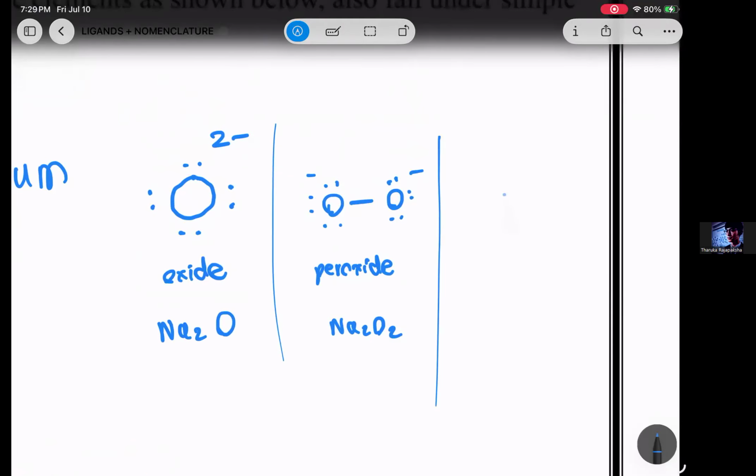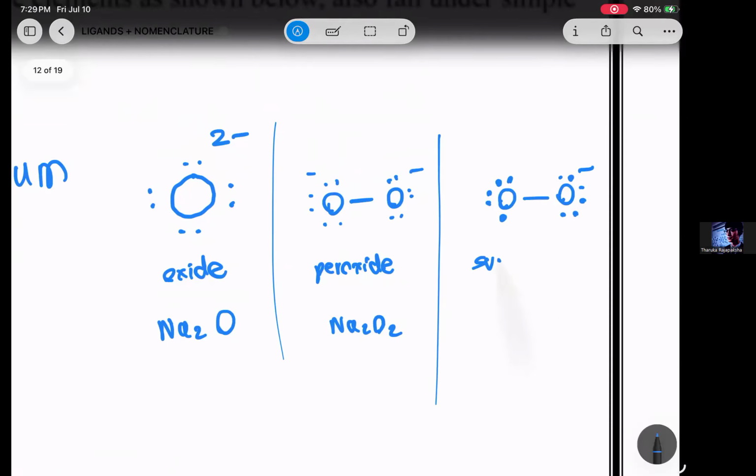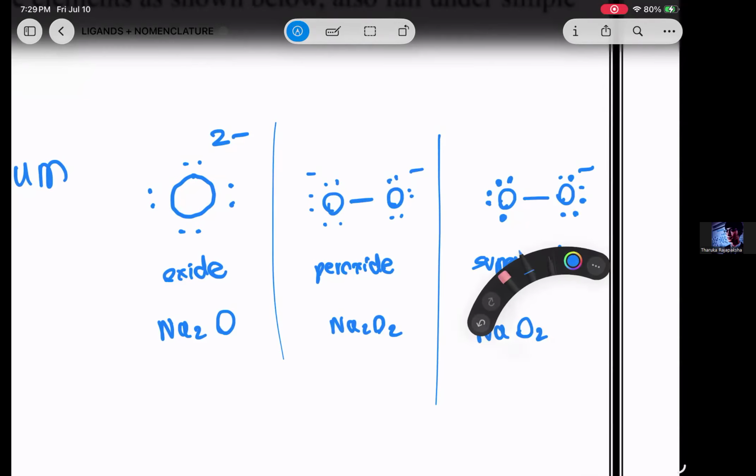Now superoxide contains 2 oxygens, but 1 oxygen has an odd electron, and the other oxygen has a negative charge. You call this superoxide, and the formula is KO2. Sodium doesn't form it, it's KO2. Do you get it?